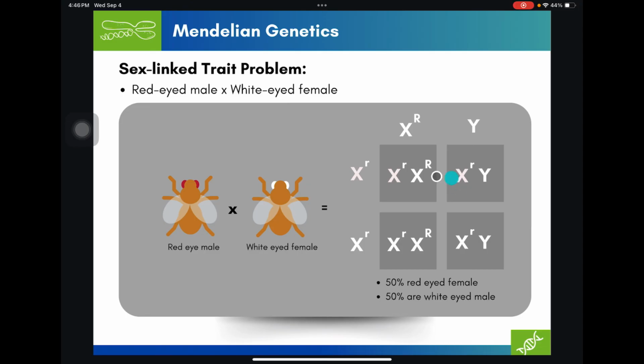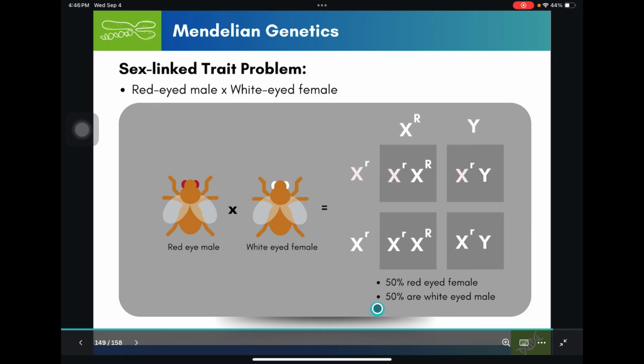if we cross a red-eyed male and a white-eyed female and apply it in a Punnett square, the resulting offspring would be 50% red-eyed female and 50% white-eyed male.